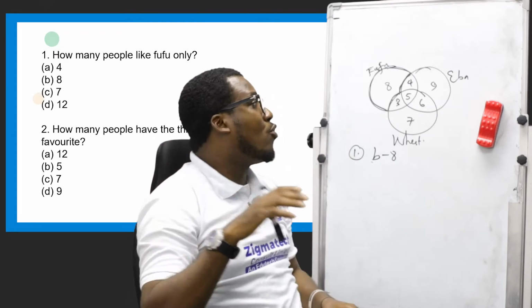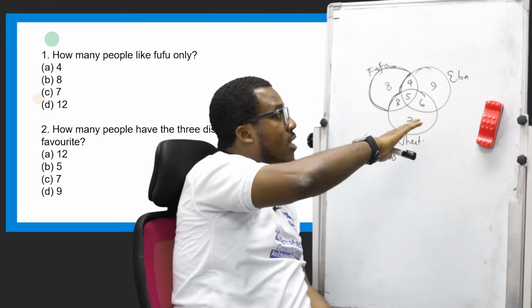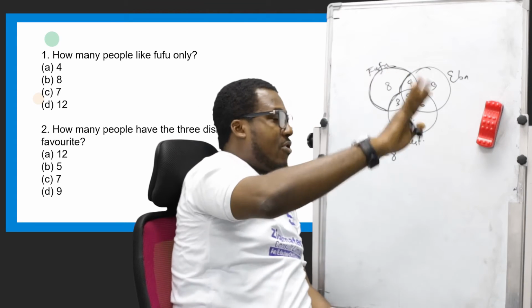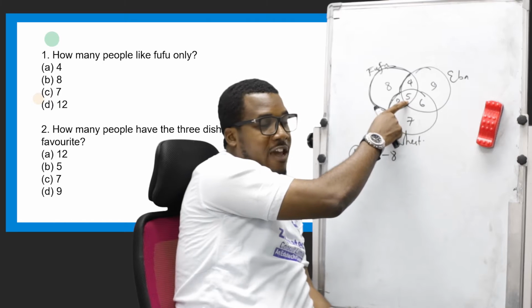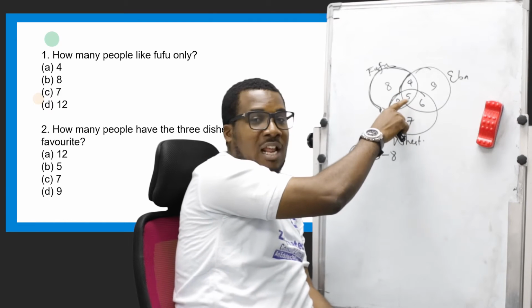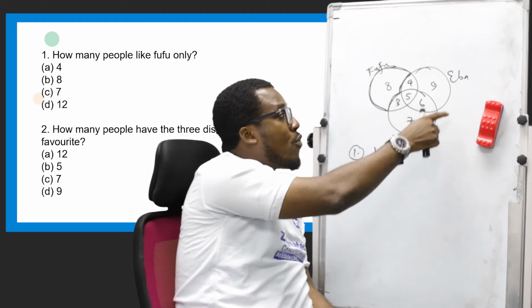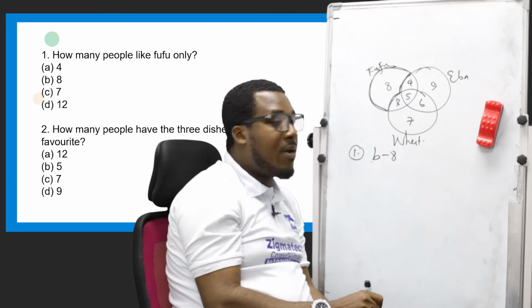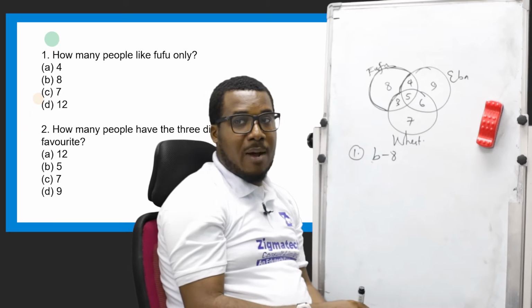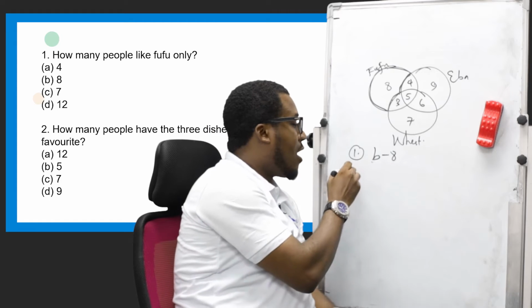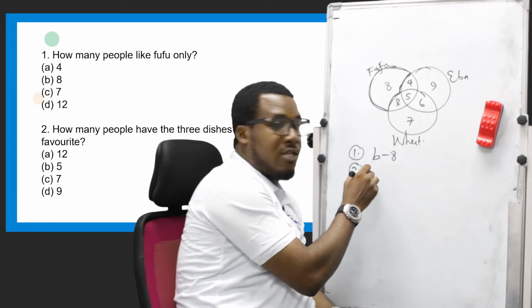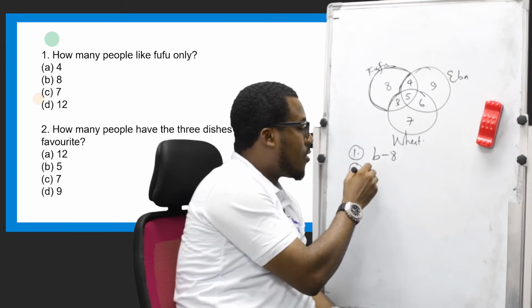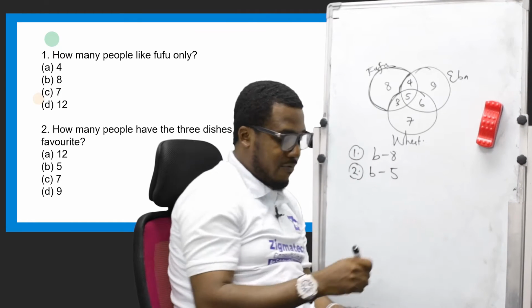So you look at everybody that eats all 3, and we find that it's only 5 people that eat all 3. That is the point of intersection where all 3 items meet. That is the place we're talking about, so that's the favorite food. And for question number 2, the answer is B also, which is 5.